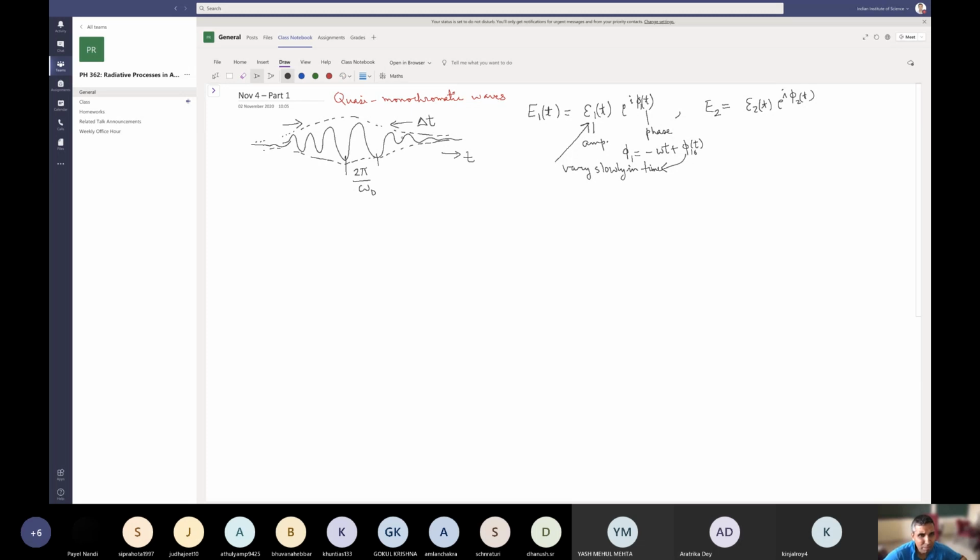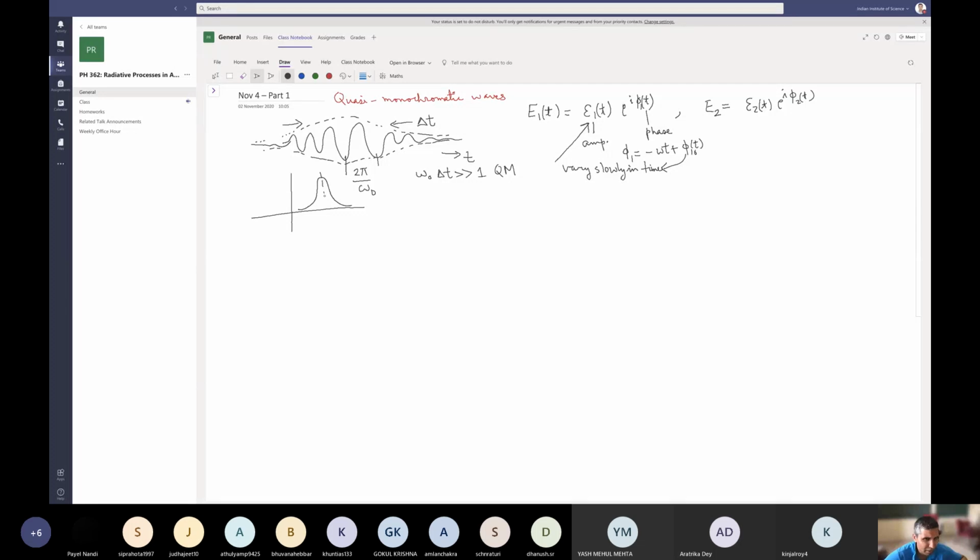So if omega naught delta t is much bigger than 1, this is quasi-monochromatic. Basically what it means is that the envelope varies much more slowly compared to the wave itself. This is the time representation, and we did this Fourier transform, and this is the Fourier representation, schematic only.